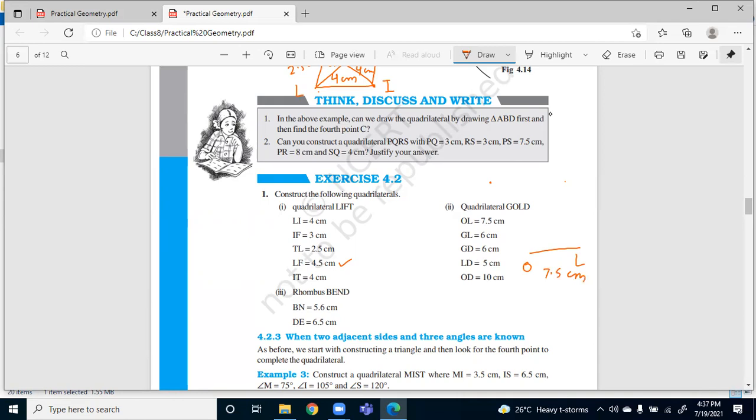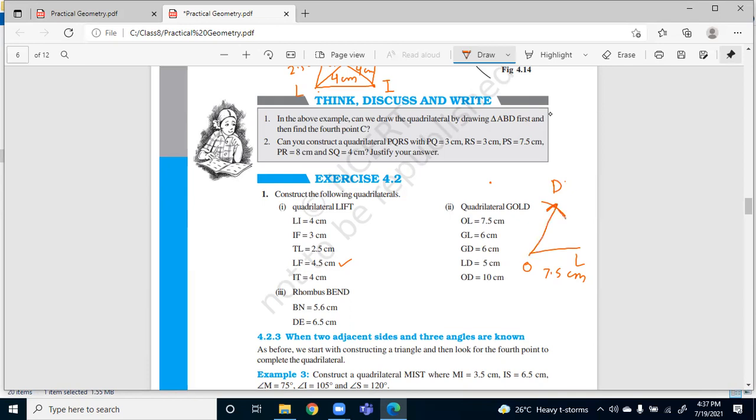Then we will take the compass, measure 5 centimeters and make an arc. Then from the point O, we will take 10 centimeters and make an arc, so we will get a line segment joining L. So that would be D and L. The point of intersection is D.